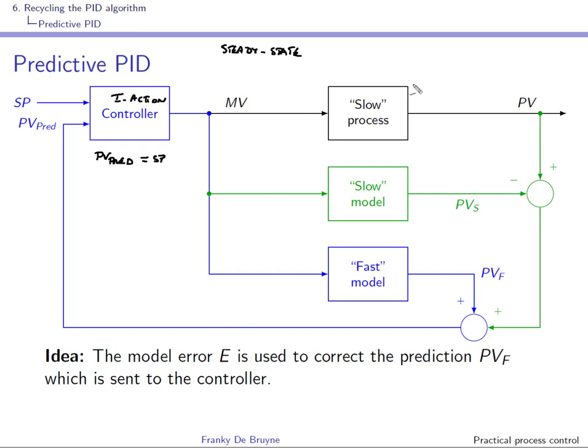So if we look at this here in steady state, then we can replace the slow process by a gain Kp, right? This is the, well, steady state relation. Here we'll have a gain Kp hat and here a gain Kp hat, right?